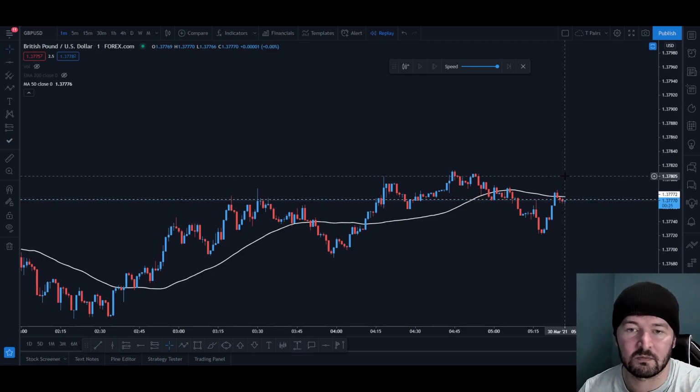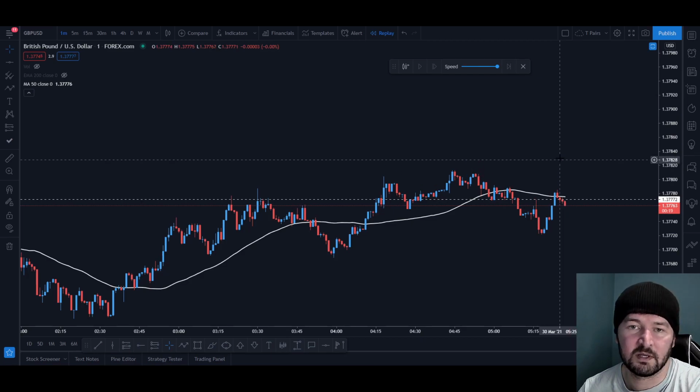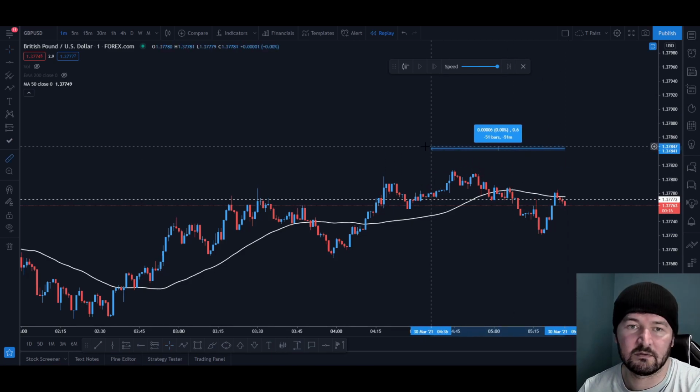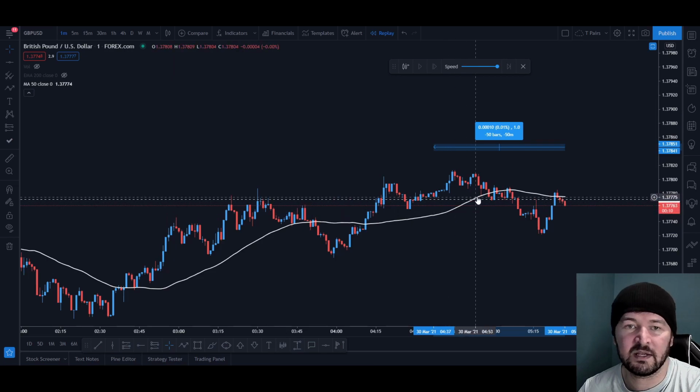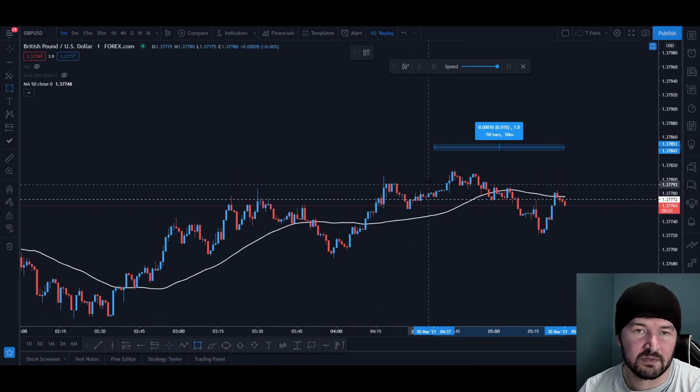Let's go back 50 minutes from here, which should make it 4:37. So 4:37 and 50 bars. This white line here is indicating the moving average from all of the candles within there.